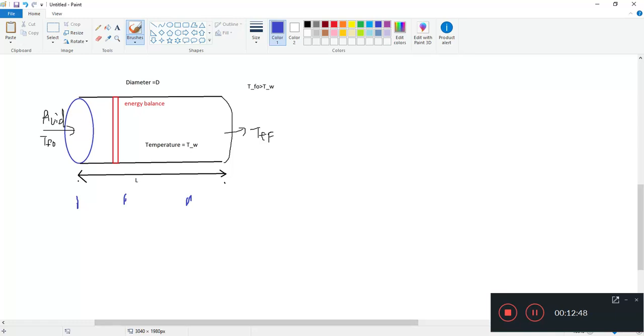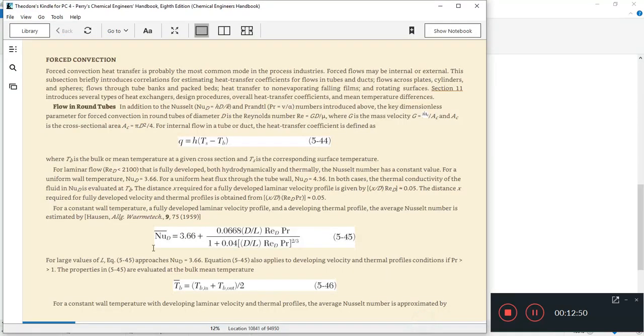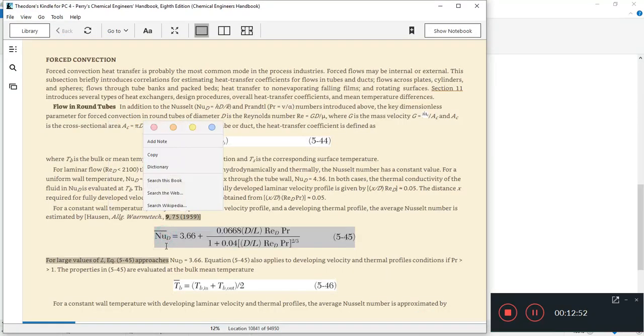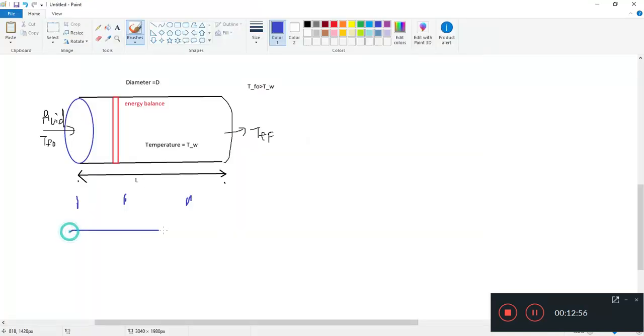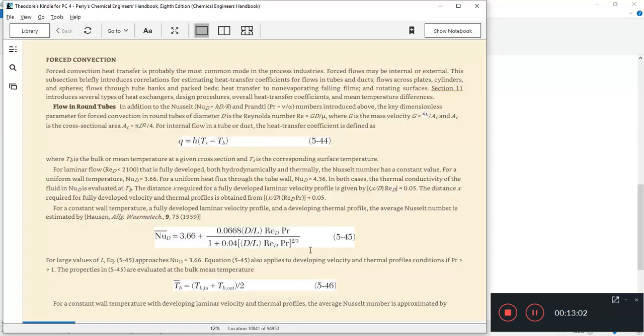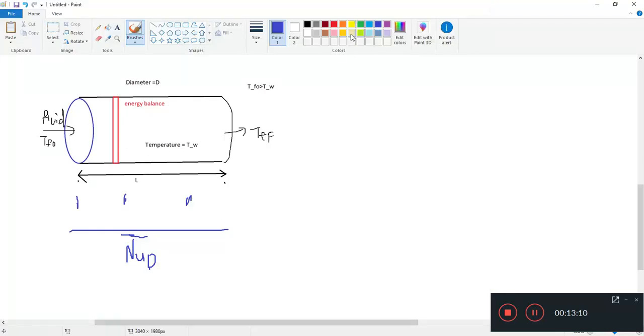So which Nusselt number is this talking about? This is an average Nusselt number, right? So we actually find an average Nusselt number. But we find that this average Nusselt number is a function of the Reynolds number and the Prandtl number. So which Reynolds number and Prandtl number are we going to take? Are we going to take the Re and Pr here, here, or here?